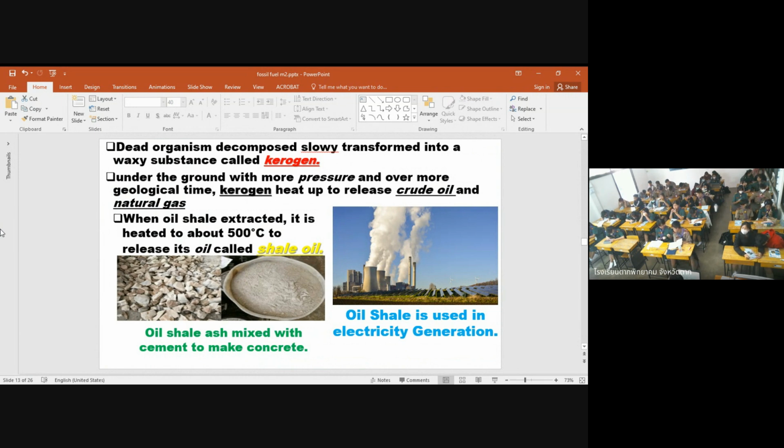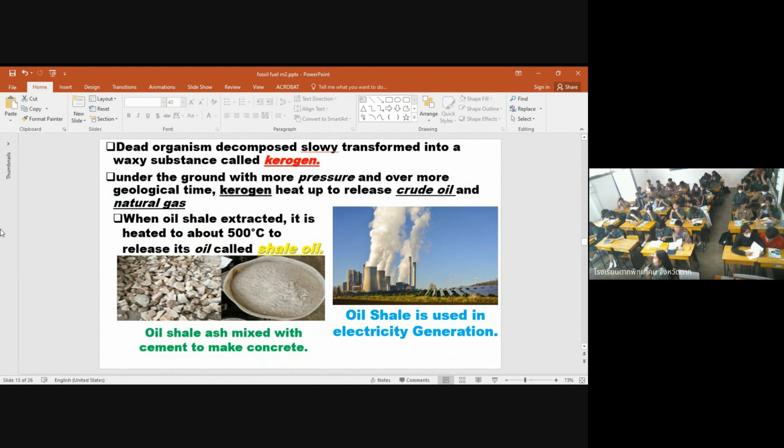Just remember, pressure over more geological time on kerogen that is heated or hot will produce or release crude oil and natural gas.